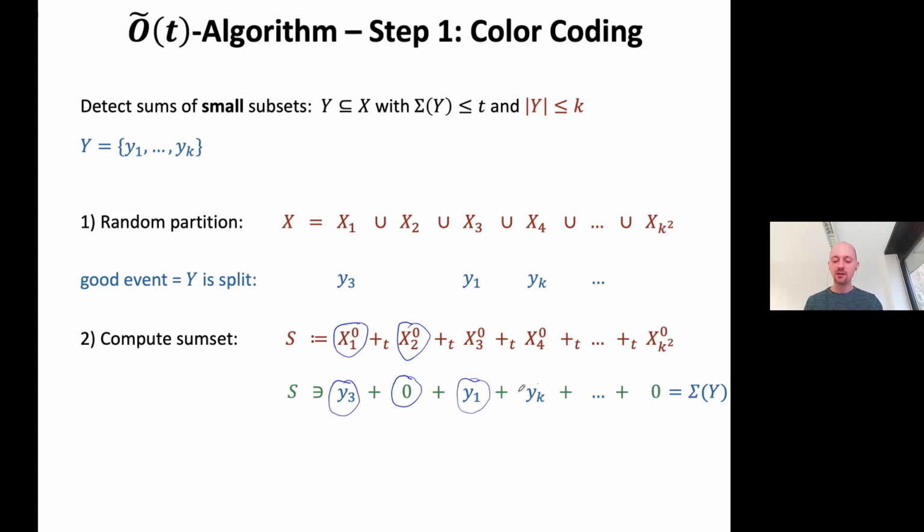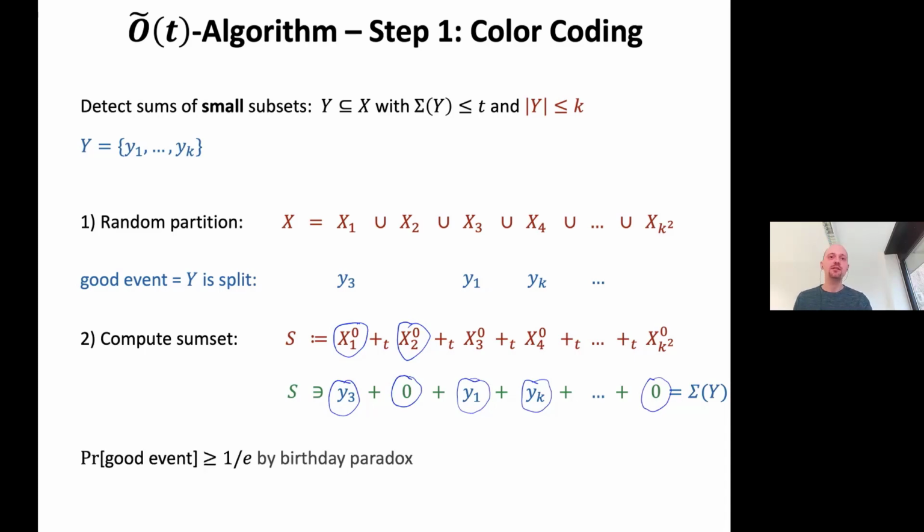So in doing this, we can pick all the items of Y in the buckets that contain some items of Y, and we can pick 0 in the remaining buckets. So the whole thing will just sum up to the total sum of all the elements of Y. Good. So if Y is split, then we compute its subset sum.